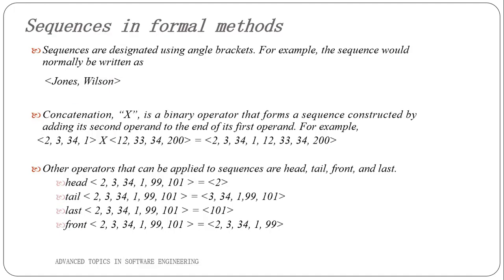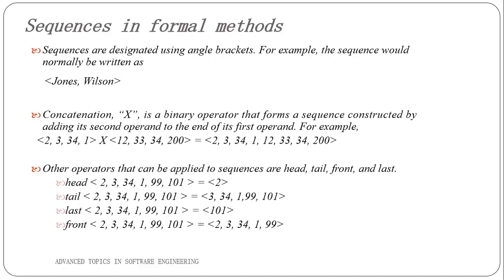For the sequences in formal methods, sequences are basically represented using angle brackets. For example, the sequence will be written as Jones and Wilson. So the concatenation operator is a binary operator that forms a sequence constructed by adding its second operand to the end of the first operand.